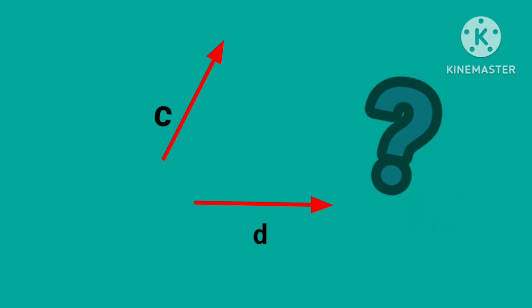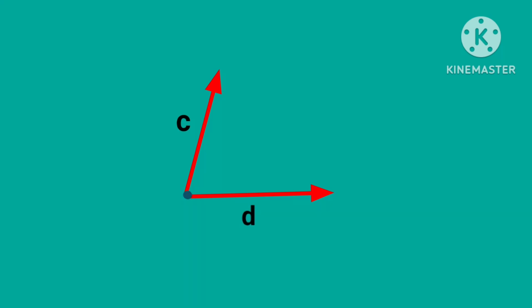Now, suppose we are given these two vectors c and d whose initial points are not the same. Can you find their vector sum? For this, we will just move one of the vectors parallelly, without affecting its magnitude and direction, such that the initial points of both the vectors coincide.